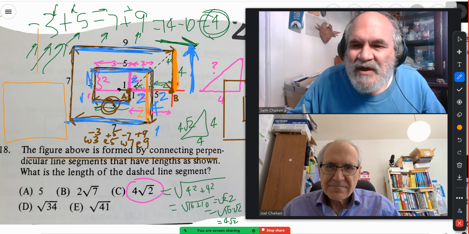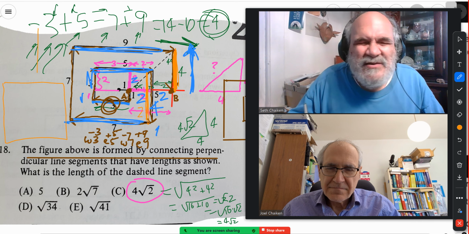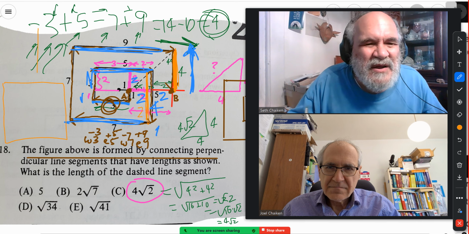Well, there are 1, 2, 3, 4, 5, 6, 7, 8, 9 line segments. You could take 9 arbitrary lengths and join line segments of those lengths successively, horizontally and vertically. Okay. Right.